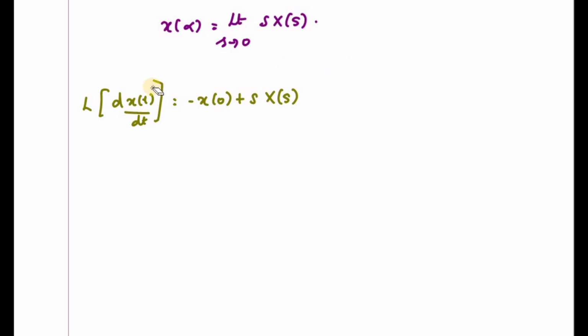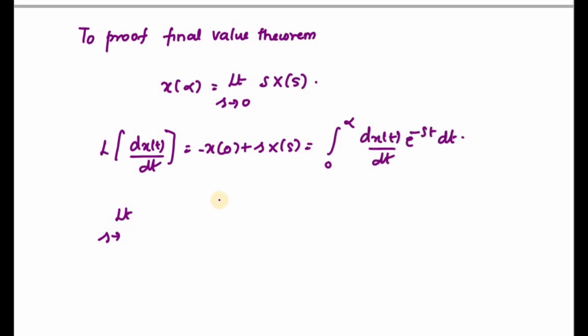So from this equation, I'm going to substitute. This is nothing but 0 to infinity of dx of t by dt times e power minus st dt. In this equation, I'm going to substitute the limit s tends to 0.